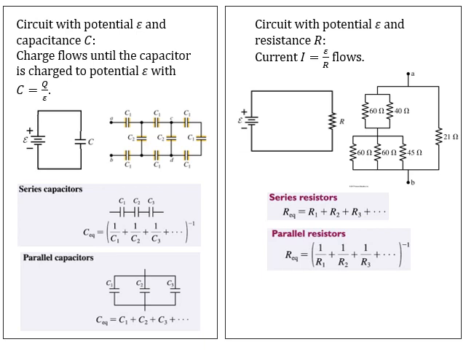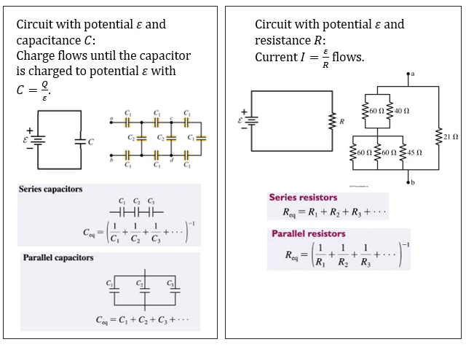If we add up capacitors in series, we have to add up the reciprocals to find our equivalent capacitance. For capacitors in parallel, you get the equivalent by just straight up adding them. So those are your rules for series and parallel capacitors.